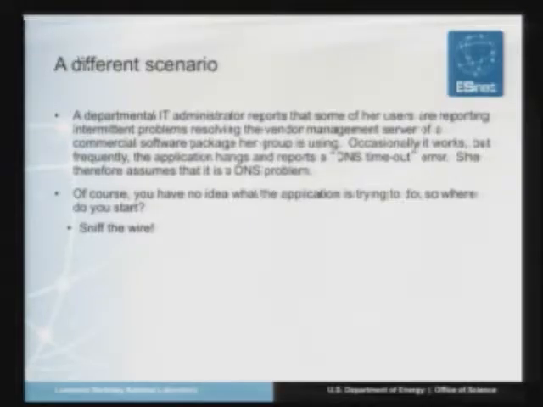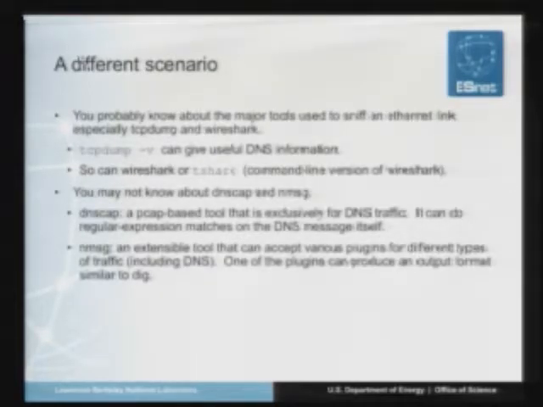Now, this is mostly a dig troubleshooting exercise, so why are we sniffing the wire? Dig doesn't actually sniff the wire. Well, understanding how dig works, understanding the language that dig presents to you is actually really important for some of the tools you can use to sniff the wire and look at DNS queries on the wire. Now we can use just plain old tcpdump, and that will work.